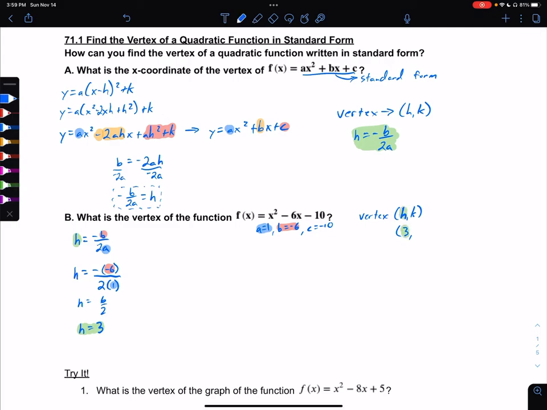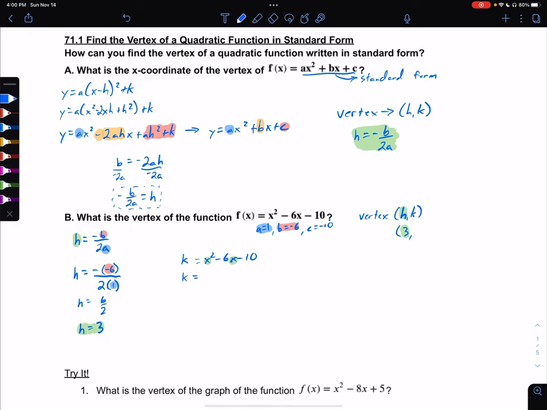And now we need to find k. To solve for k, you're going to take your original equation, x squared minus 6x minus 10, and your k value is your y value. So instead of f of x or y, we can use k. For the x values, you're going to plug in the h value. So h is going to go here and here.